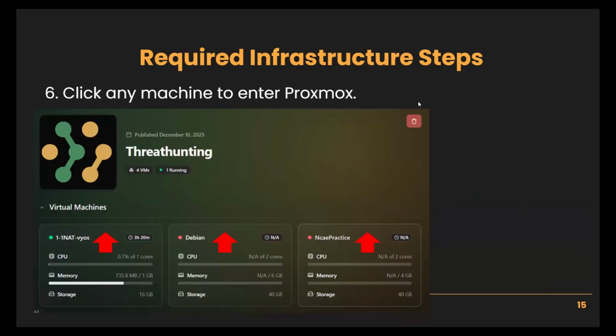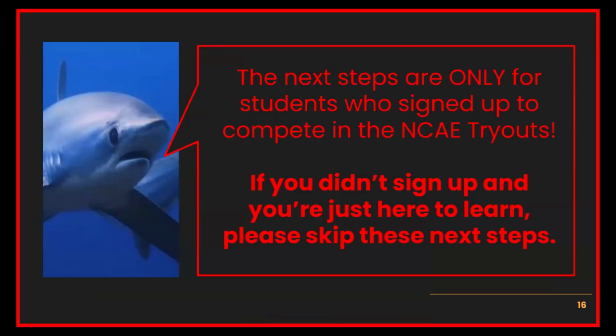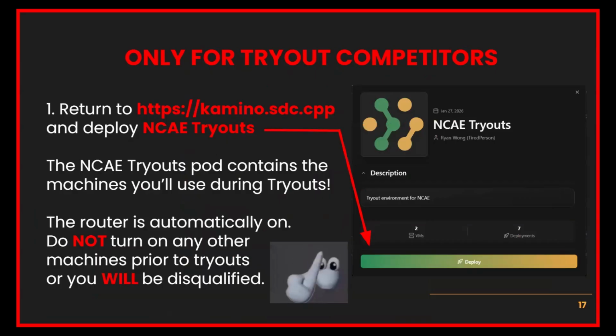While that template's deploying, we're gonna give out a few announcements. The next steps are only for those of you that signed up to compete in the tryout. For the trial competitors, maybe don't do this right now because you're deploying another template.